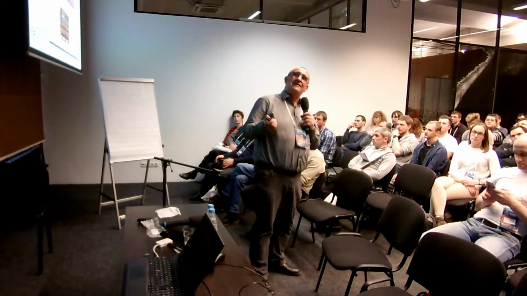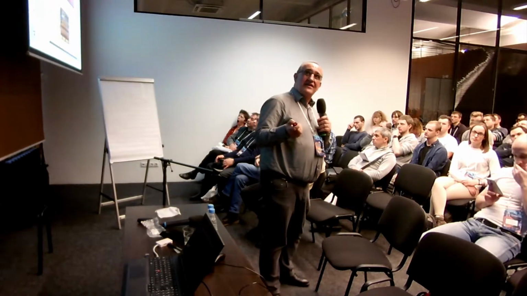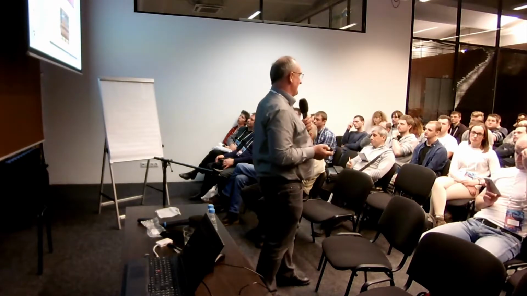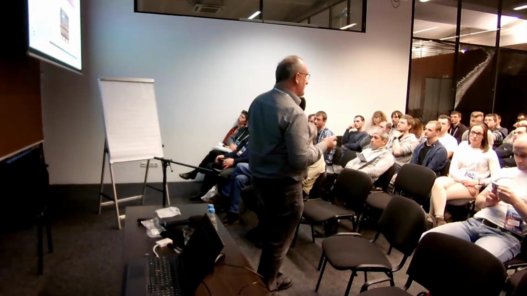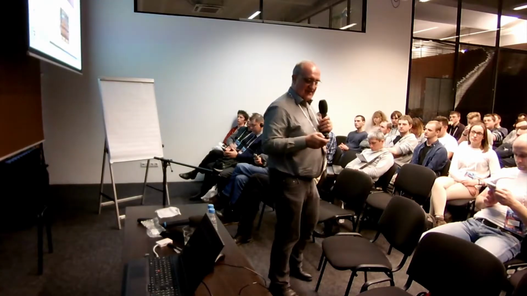The furnace has different zones with different temperatures. By driving the cake through this furnace, the cake sees the temperature profile it needs to see. This makes things a little bit more complicated because you have more parameters, different zones, different places, and a velocity, and now you can imagine what is going on.